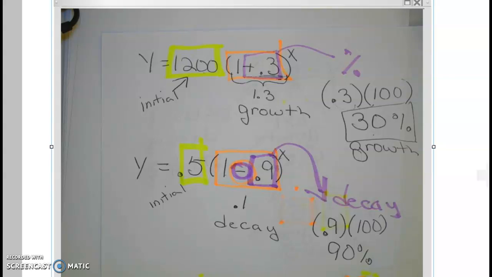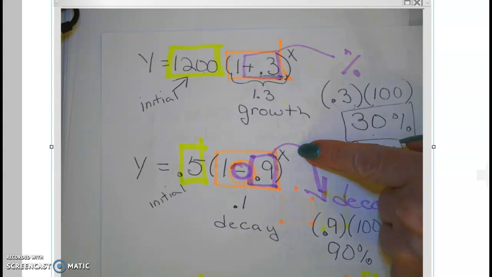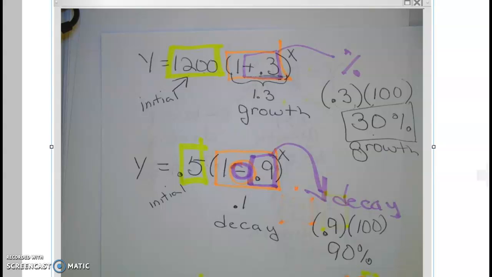Every time I run whatever this is in terms of days, hours, whatever, then I decay by 90%. So if I started off with $1 and I decay by 90%, I would have 10 cents left. If I decayed by 90% again, let's just say every day, I'd be down to a penny. Every time I decay, it's 90% off of that.